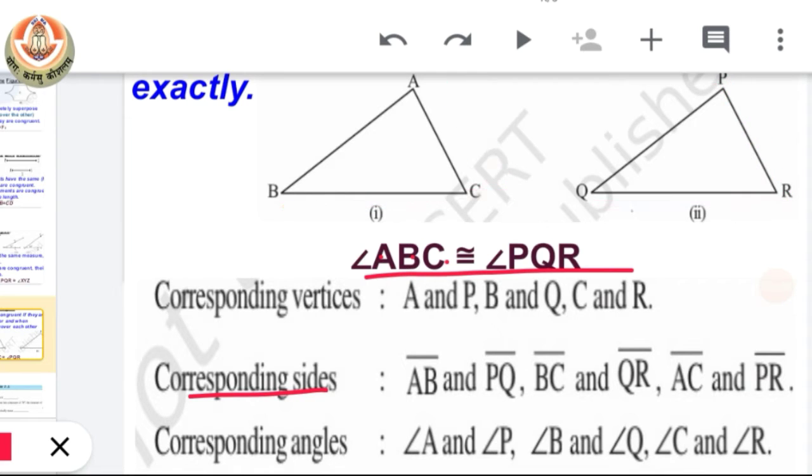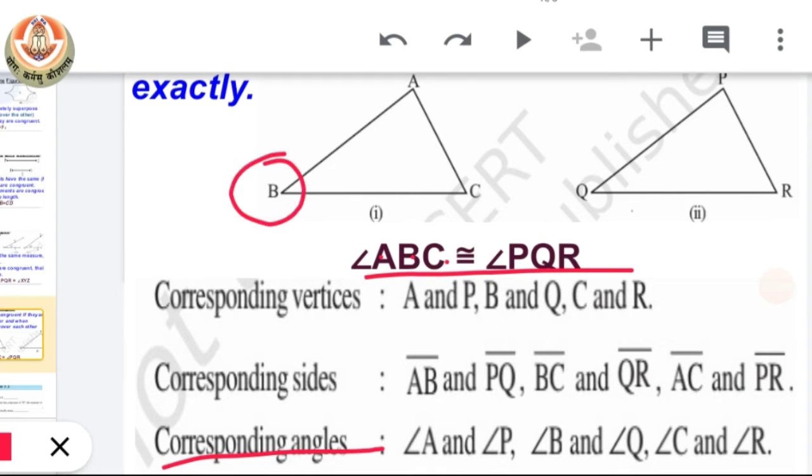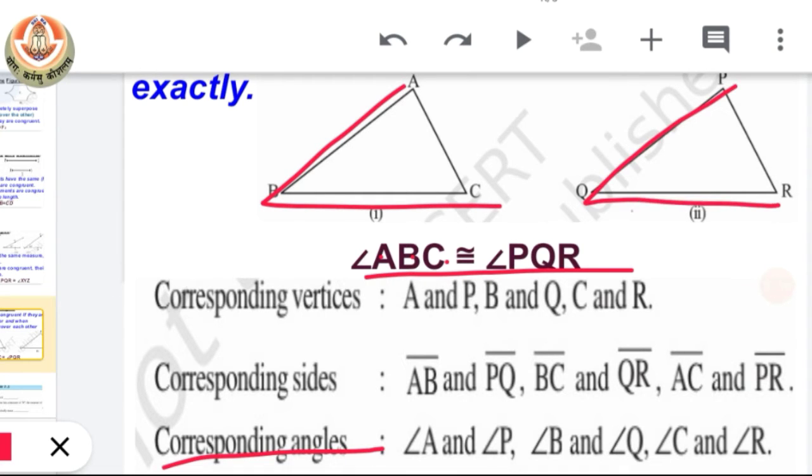Now the third thing is corresponding angles. Angle A corresponds to angle P, which we can write as angle CAB corresponds to angle RPQ. The second is angle B corresponds to angle Q, which we write as angle ABC corresponds to angle PQR.